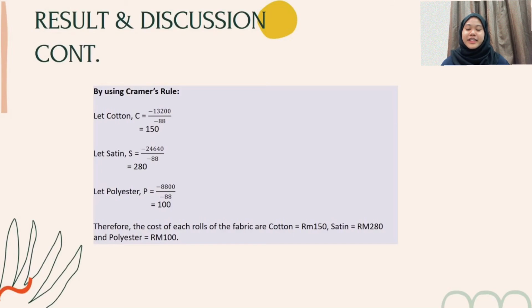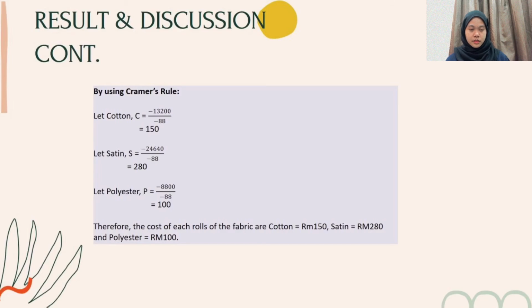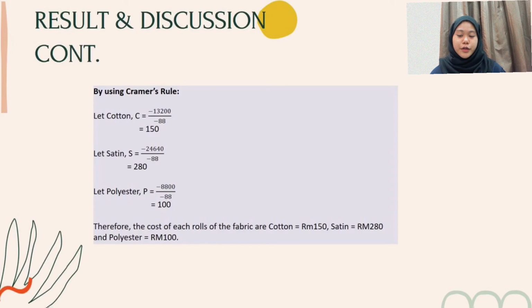The answer is RM280. Lastly, for polyester P, negative 8,800 divided by negative 88, and the answer is RM100. Therefore, the cost of each roll of fabric is RM150 for cotton, RM280 for satin, and RM100 for polyester.